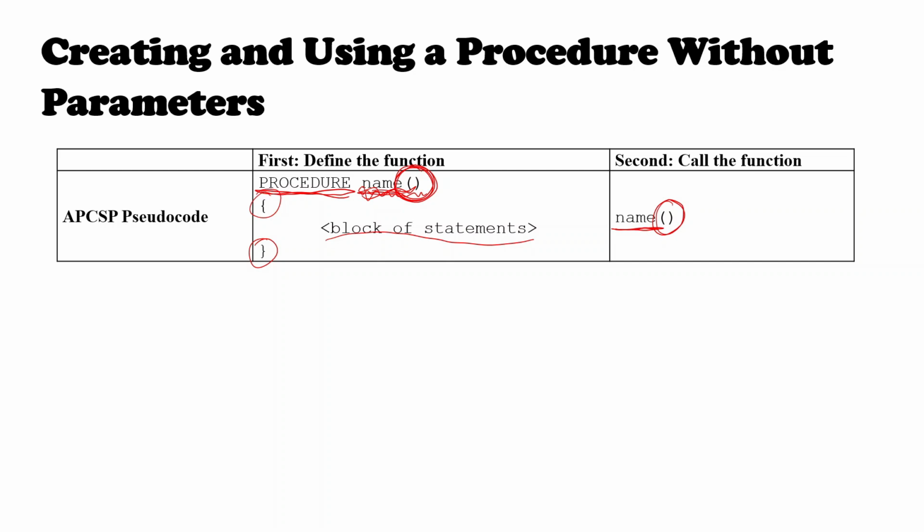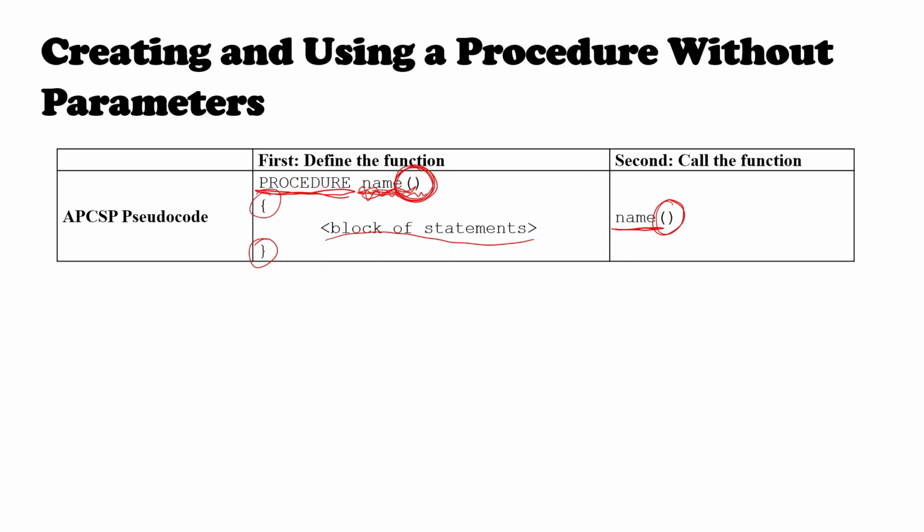When we define a procedure, pseudocode lets us define it anywhere in the code segment, as you'll see. I always just define it at the bottom, but you can really define it anywhere in your series of statements, in your series of code.